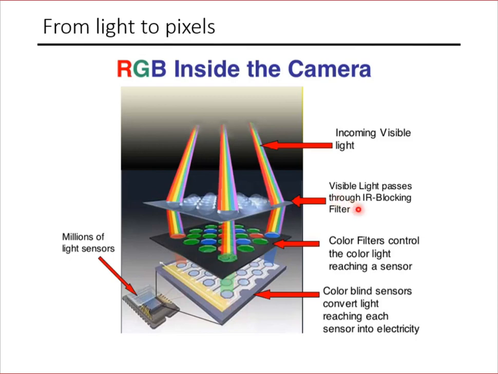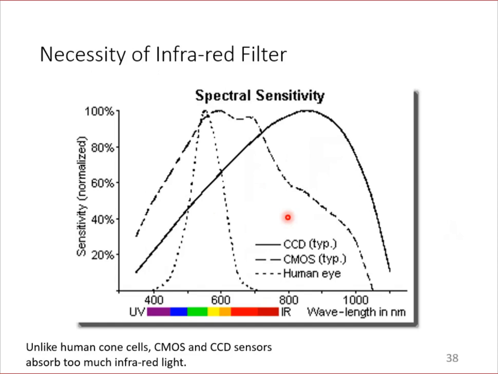The second layer is an IR blocking filter. So why do they need an IR blocking filter? The reason is this. As we say, for us humans, our sensitivity for light is around 420 nanometer to 700 nanometer. So that's our limitation.